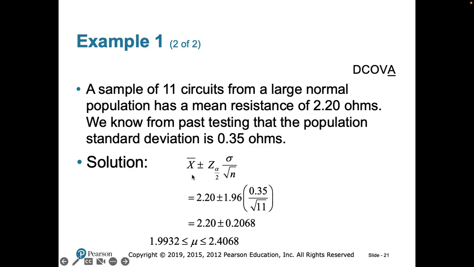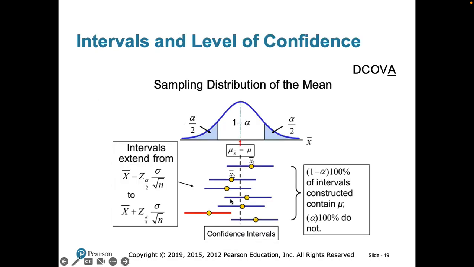In this case, all we have to do is substitute, right? So here is our mean. It's going to be plus minus, and here's our Z, which is the confidence level that we want, alpha divided by 2. So all we do is substitute here. Here's the mean, 2.20, and then plus minus, here is the level. Remember, in this case we're doing 0.05 or 5%, and we know already that it is 1.96.